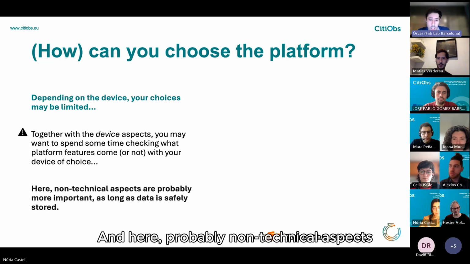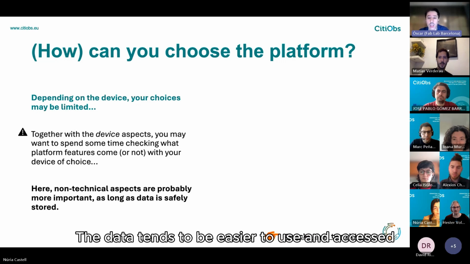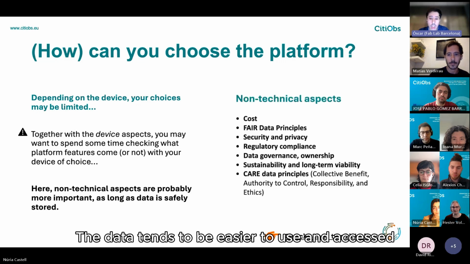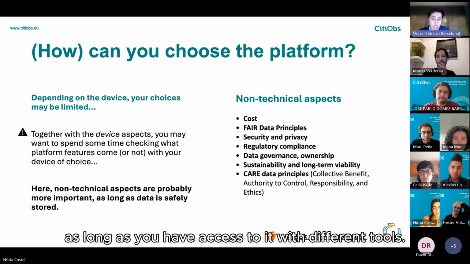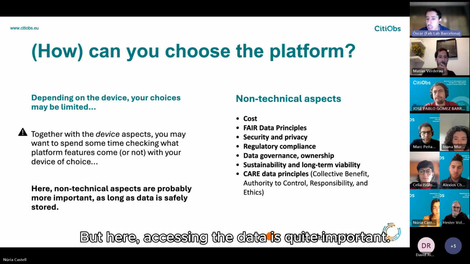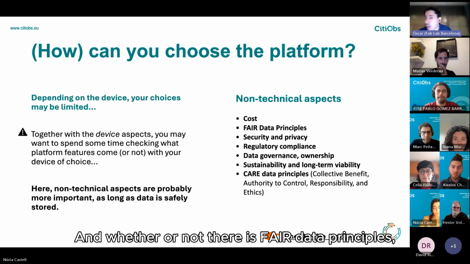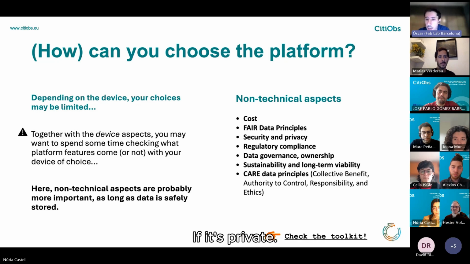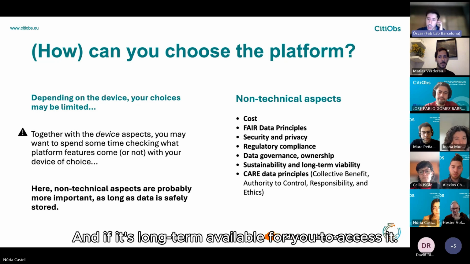And for the data platform itself, probably non-technical aspects are quite important. The data tends to be easier to use and access as long as you have access to it with different tools. There's a lot of software that you can use, either offline or in other services. But here, accessing the data is quite important, and whether or not it follows the FAIR data principles, if it's secure, if it's private, if it's compliant with regulation, if you actually own it, and if it's available long-term for you to access.